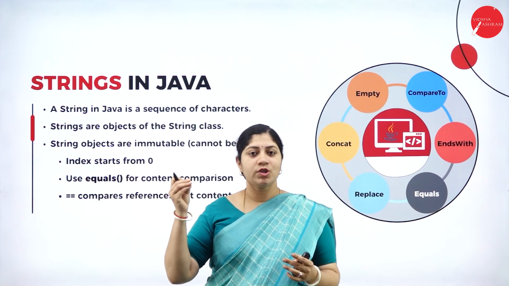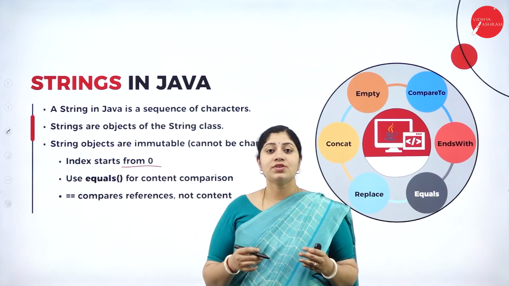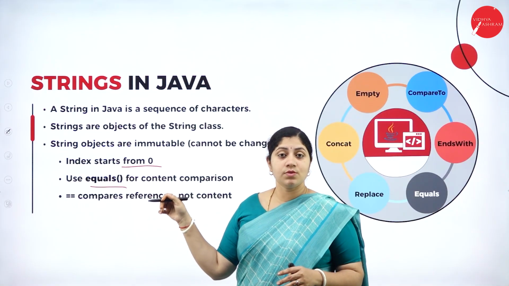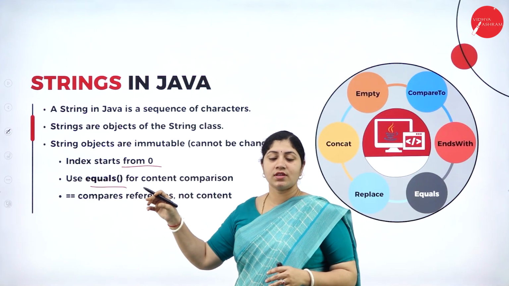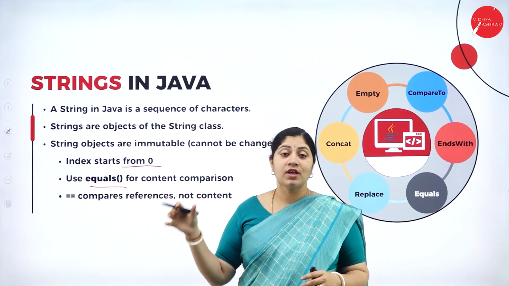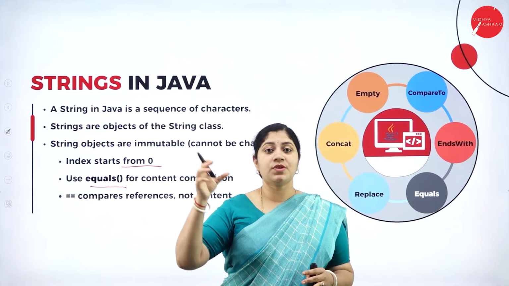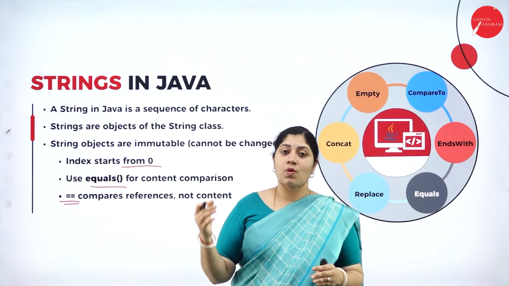Strings also use index values, and the index value starts from 0. String uses the equals keyword, and it is utilized for content comparison, but when we use the equal symbol, the values will not be compared. Instead, the references will be compared. So this is all about a string.